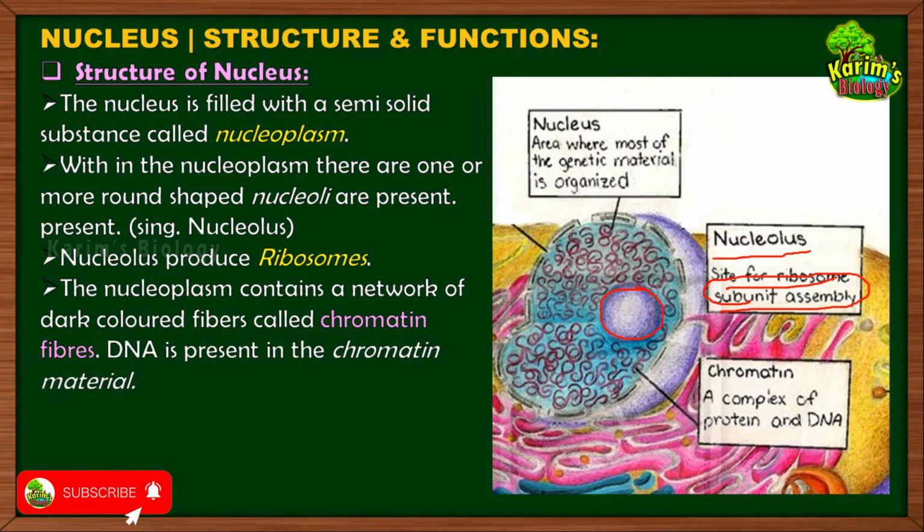DNA is present in the chromatin material. Now this is nucleoplasm. Just look at the picture very carefully. This is the outer membrane of the nucleus. This is nucleoplasm, and this is the nucleolus. And what do you see in the nucleoplasm? Can you see some network of dark colored fiber-like, thread-like structures? Yes.